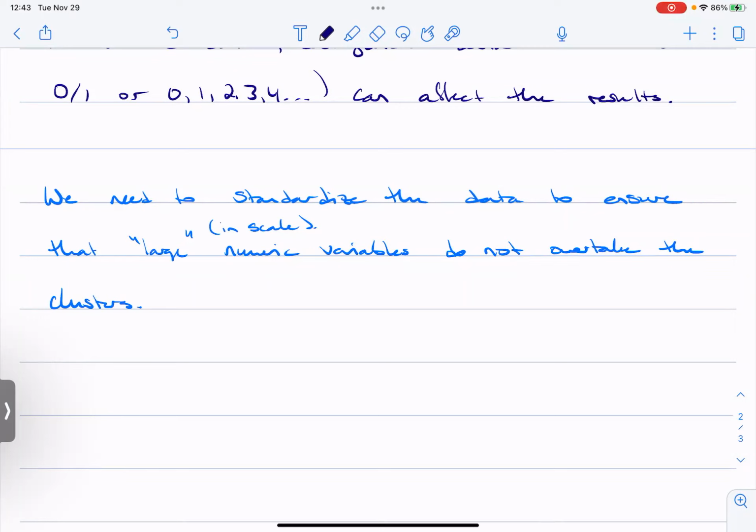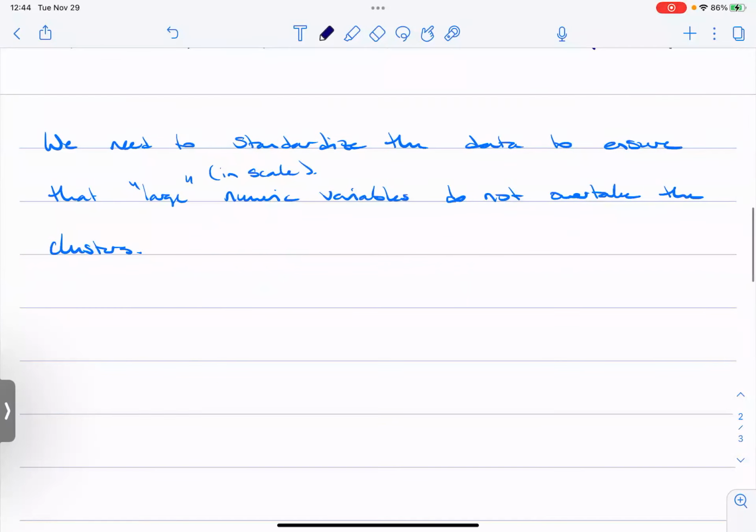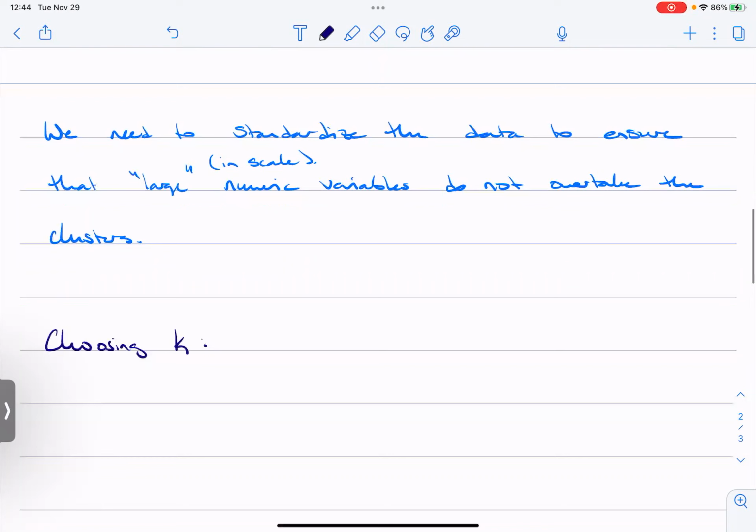There's even a gap metric that I think Tibshirani and Hastie came up with, but that's way too sophisticated. Usually you'll have some idea, like I want 4 clusters, or 3 clusters, or 8 clusters would be reasonable here. So, just a note on choosing k.